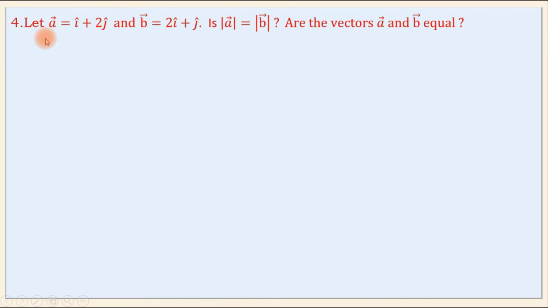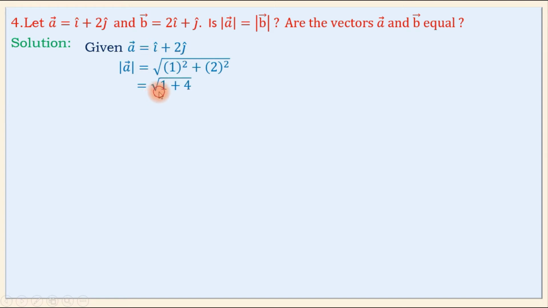Next, problem number 4. Let a vector equals i cap plus 2j cap and b vector equals 2i cap plus j cap. Is magnitude of a vector equals magnitude of b vector? Are the vectors a vector and b vector equal? Let me see. So given a vector equals i cap plus 2j cap, its magnitude is root of 1 square plus 2 square.